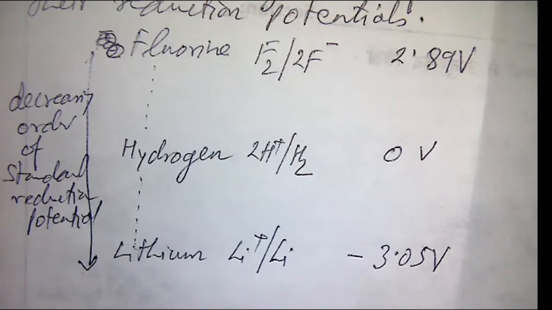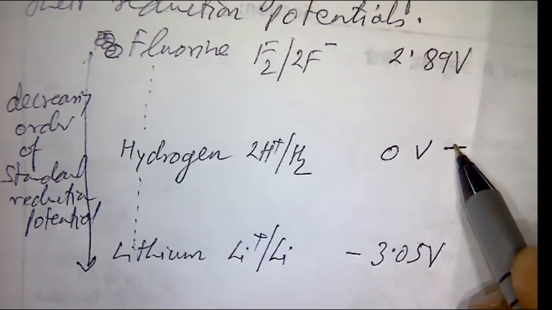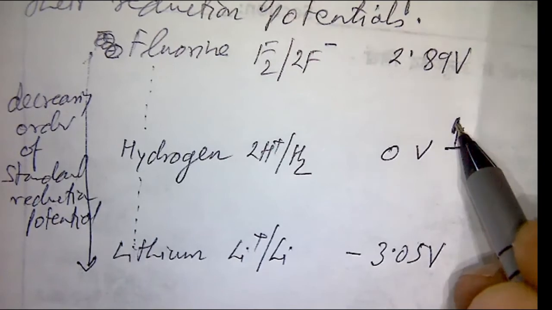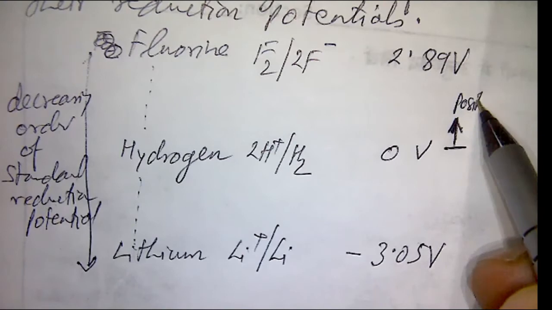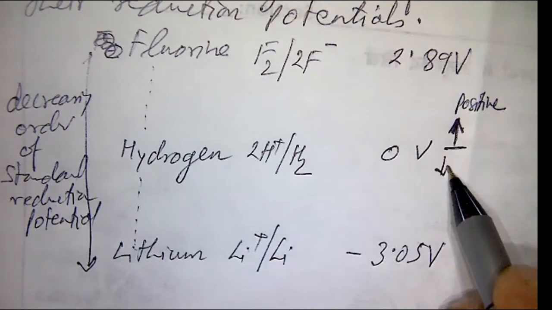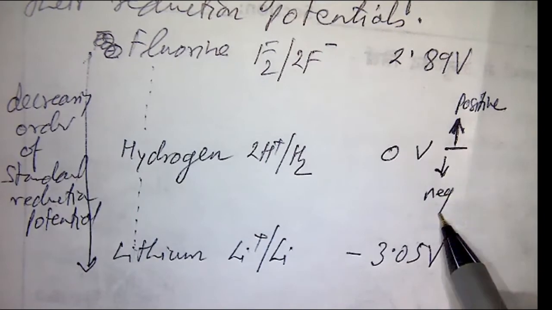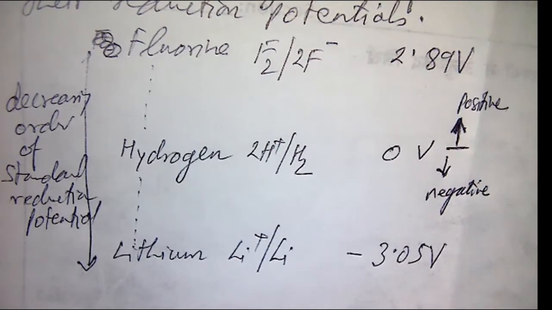What you can see here is this is 0. Above this, whatever is there, they all are positive values. And below this, whatever is there, they all are negative values.